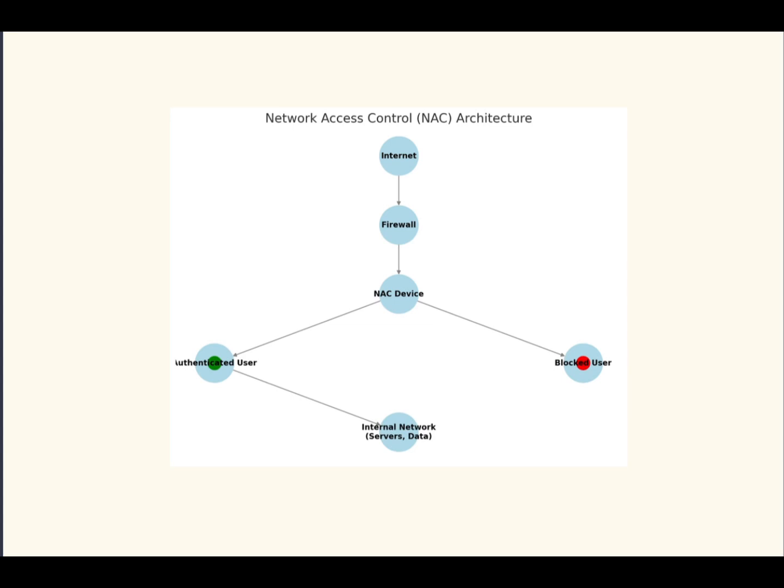Network segmentation is also a key function here: restrict sensitive areas by placing users' devices into different security zones. Another key function is monitoring and threat detection. It continuously scans for suspicious activity and blocks compromised devices.